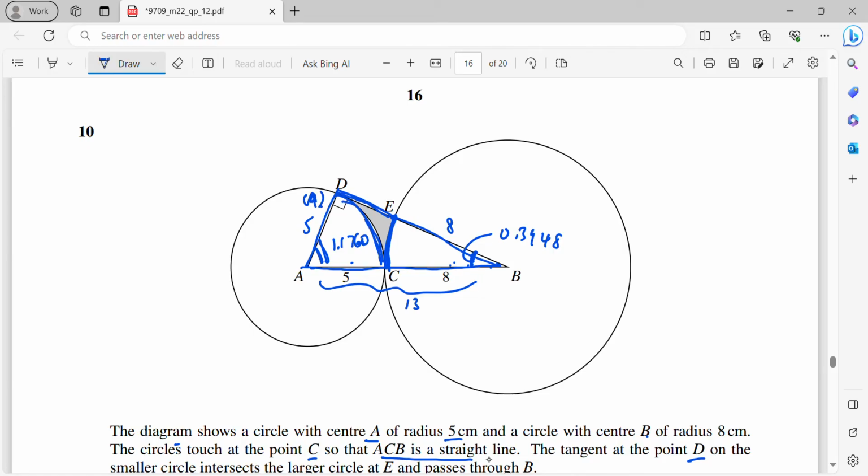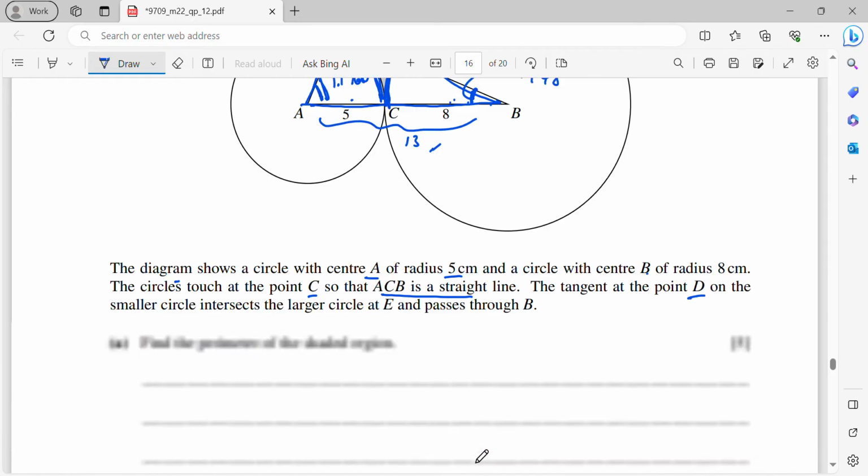And then now I need to find my DE. So my DE can be found if I know what this is, right? So from here, I can use the Pythagoras theorem, since I know these two sides, the hypotenuse is 13. So DB is the square root of hypotenuse squared minus 5 squared.